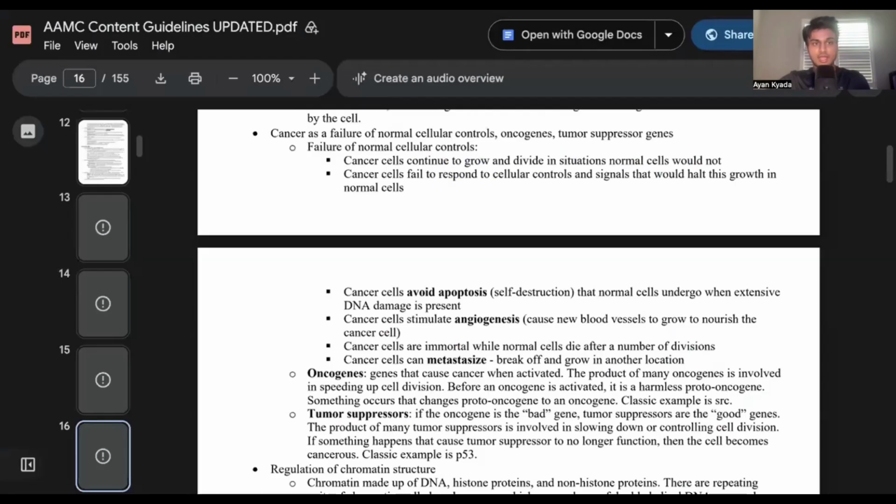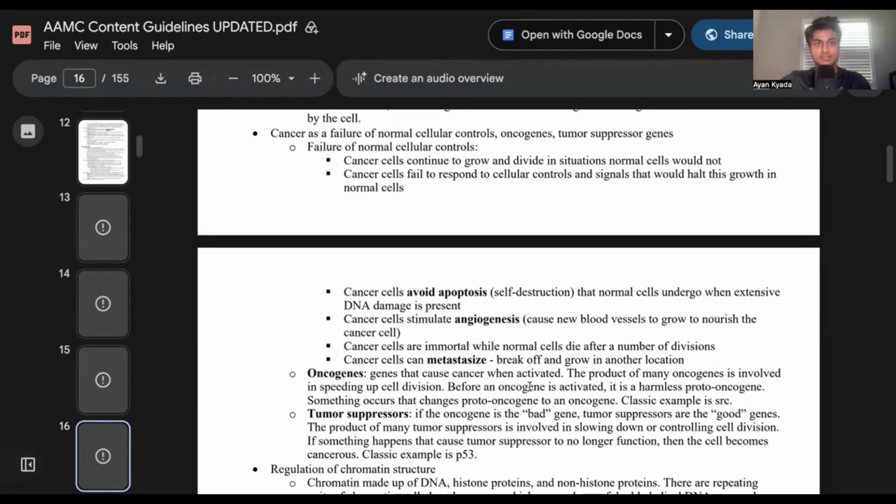And that is known as an oncogene. Before we have an oncogene, we have a harmless proto-oncogene. So this is a normally functioning, harmless gene that is mutated into an oncogene. And like I said, that oncogene is what speeds up that cell division. It's what sends that continuous signal to the cell that tells it to grow.